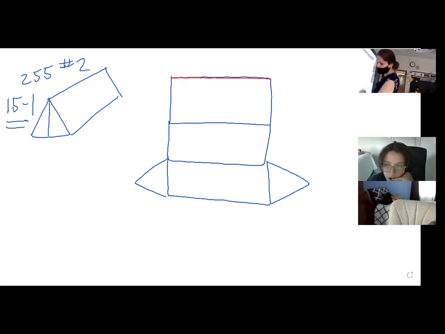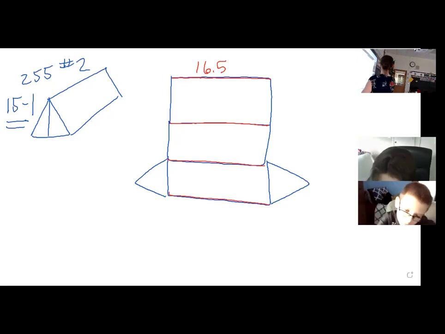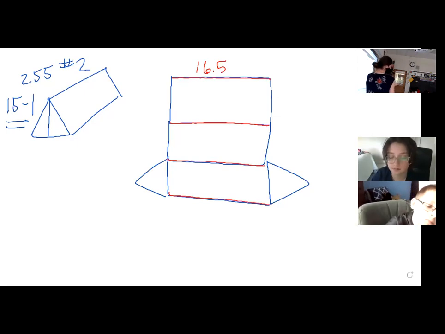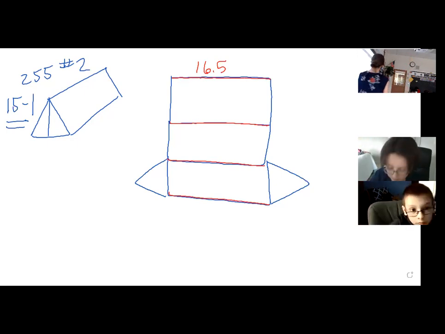What's the length of that rectangular piece? 16.5 centimeters. And that would be the same here, and here, and here. Do you agree? We don't have to write it in all 4 places. You can write it in one place as long as you can access that information when you need it, okay?